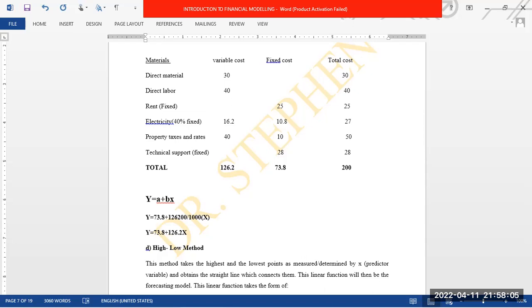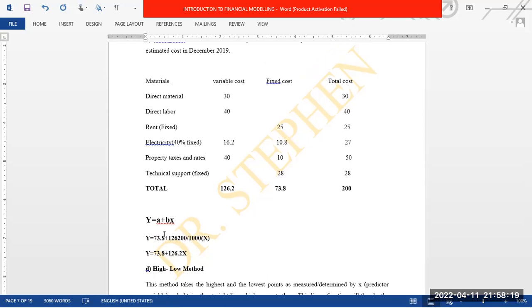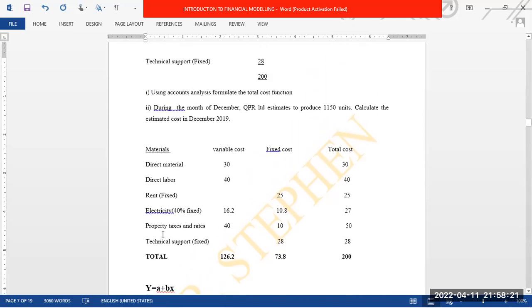Our Roman 2. During the month of December, QPR Limited estimates to produce 1,150 units.